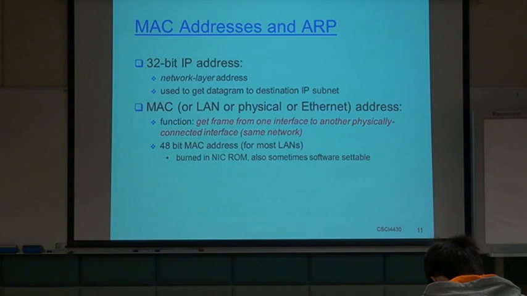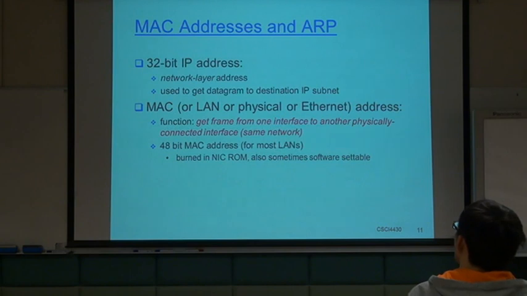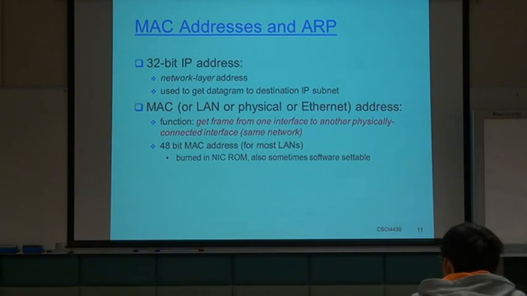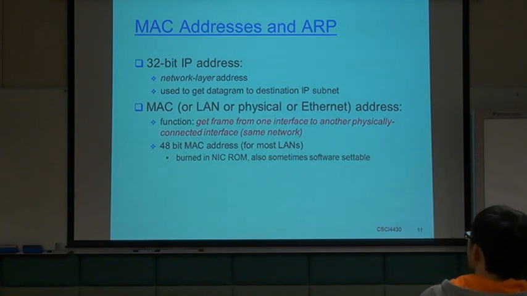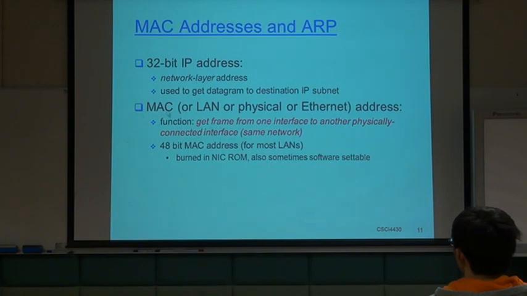Now there's another address, called the Ethernet address. The idea is you send the data frame from one interface to another interface within the same network. If you still remember, the link layer is point-to-point communication over a single link. So you send directly from one interface to another over a single link, and how you send this is using the MAC address.